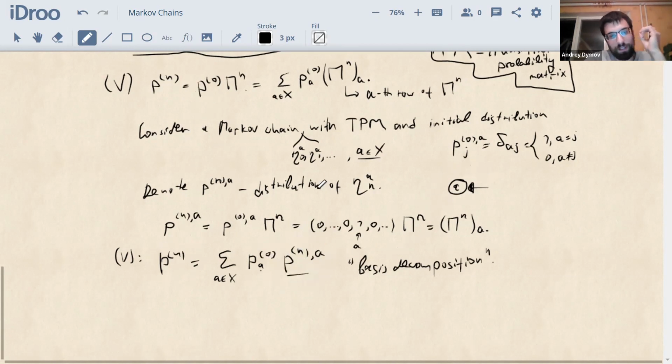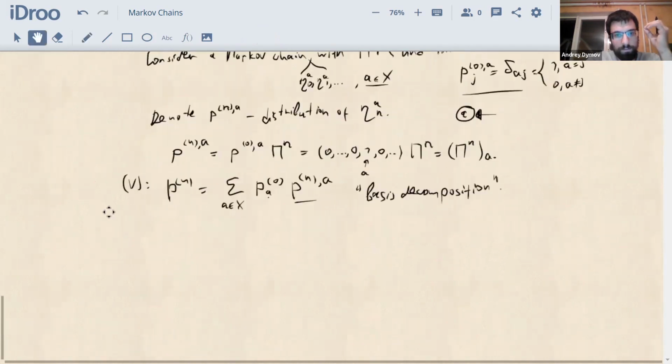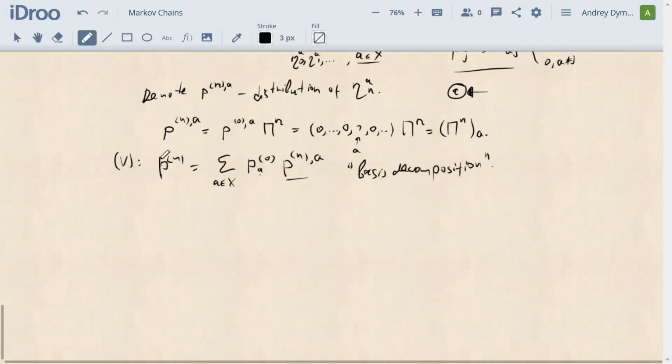So in fact, what does it mean? It means more or less that if you wish to understand how the Markov chain behaves, it suffices to consider only initial conditions of that form. You decompose your stochastic process into basis stochastic processes with deterministic initial conditions, because this initial condition is deterministic, so there is no randomness here. You are sure that you start from the position A. Is it clear? Yes.